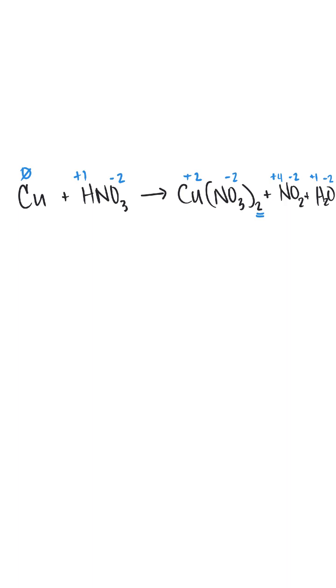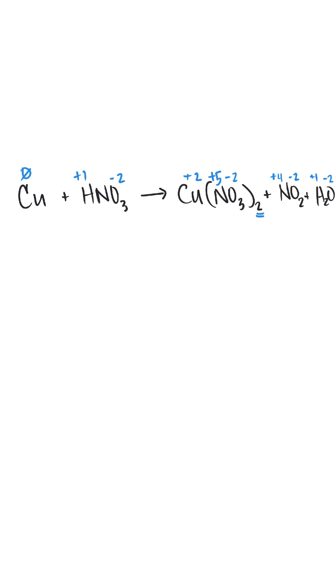So that means there's 6 oxygens at a -2, so there's -12. And then I have 2 nitrogens, and then I have a +2 on my copper. So I have -12 plus 2 is -10. -10 divided by 2 will leave me as a +5 for nitrogen.